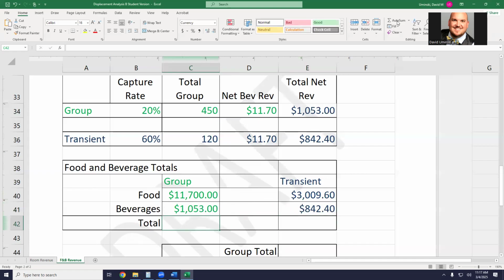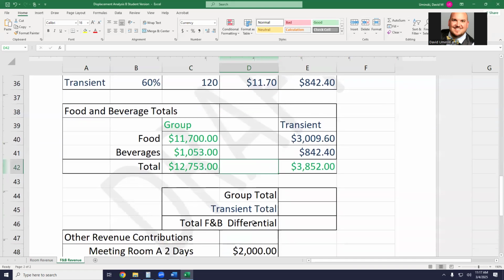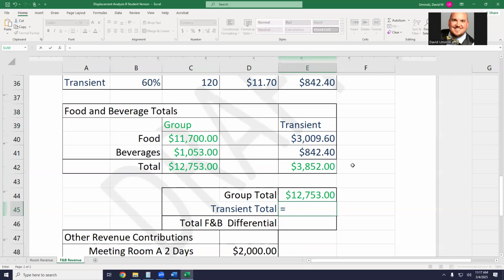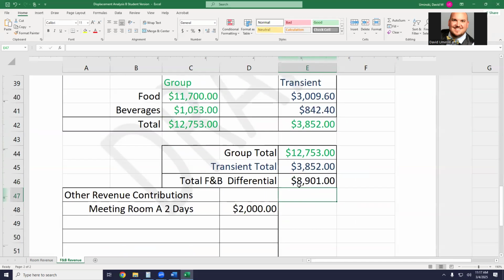So we add these two numbers together. My group total minus my transient total, food and beverage, comes out to $8,901.